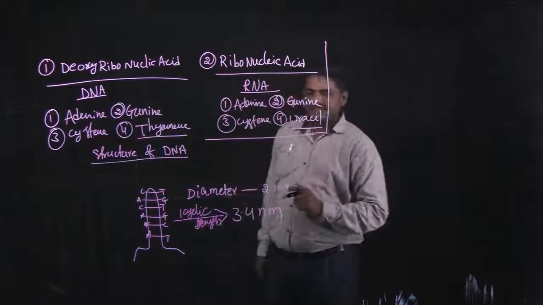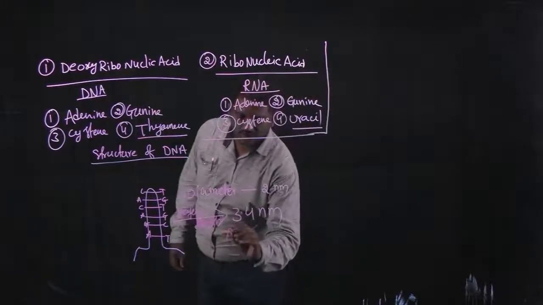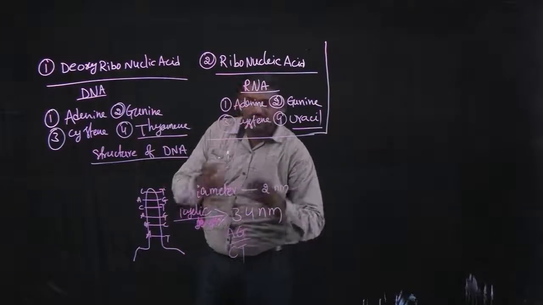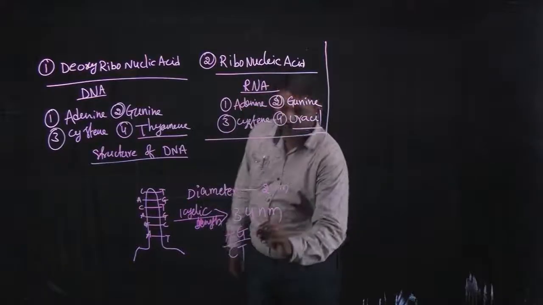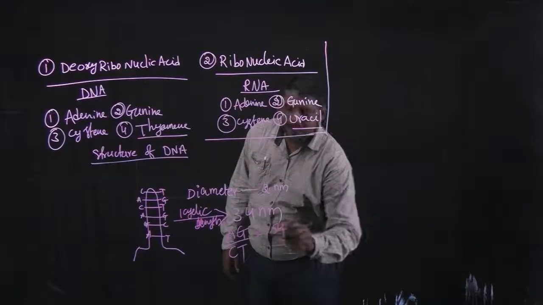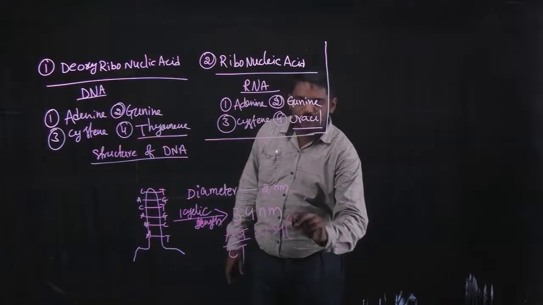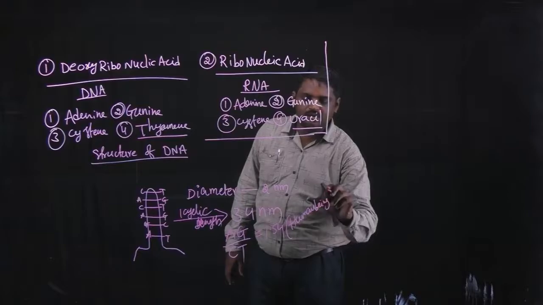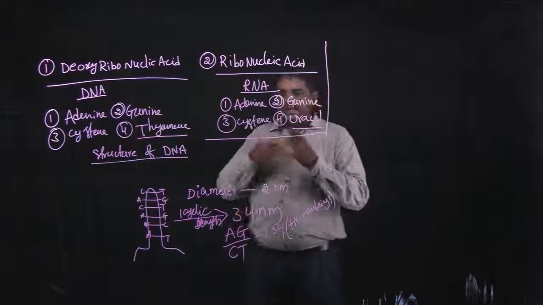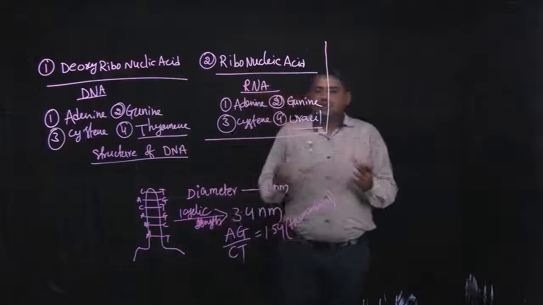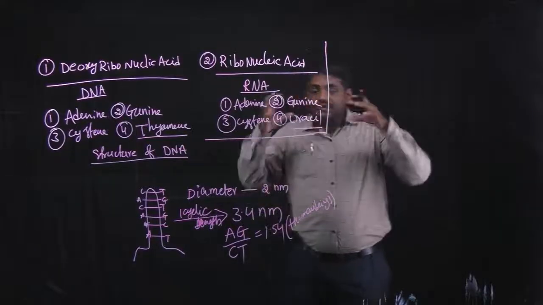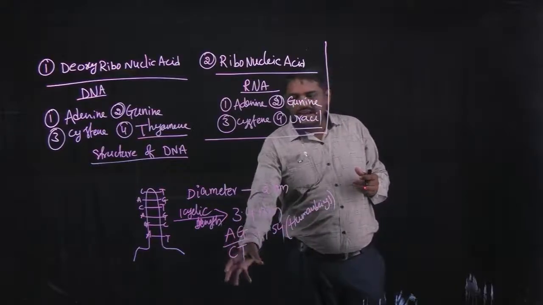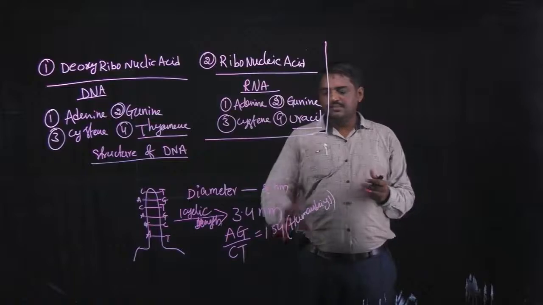In these bases, the ratio of AG by CT is 1.54.